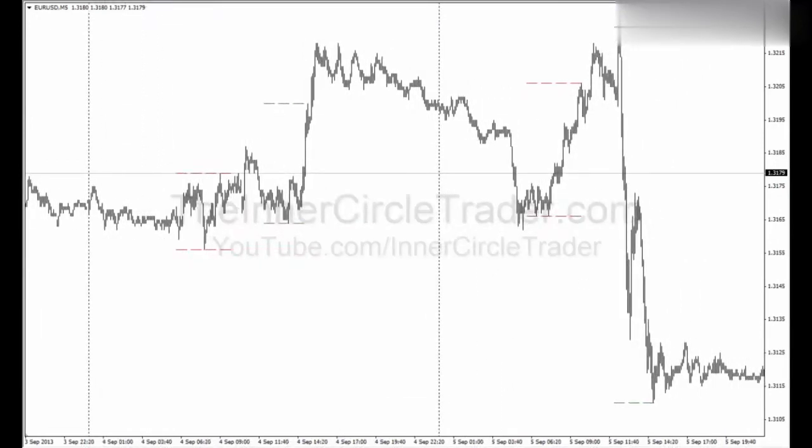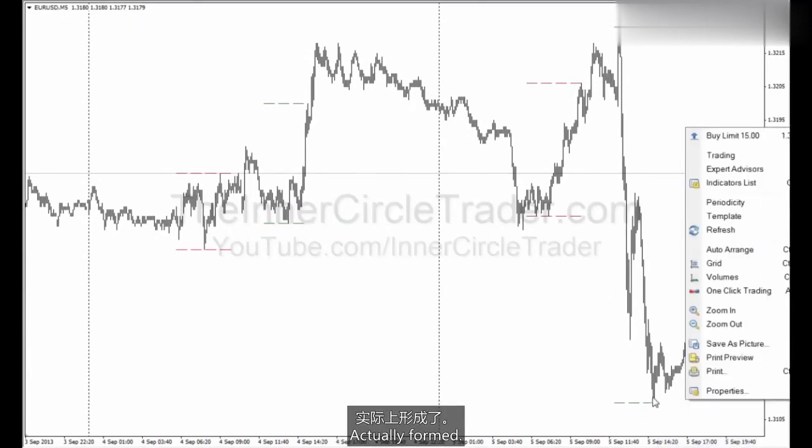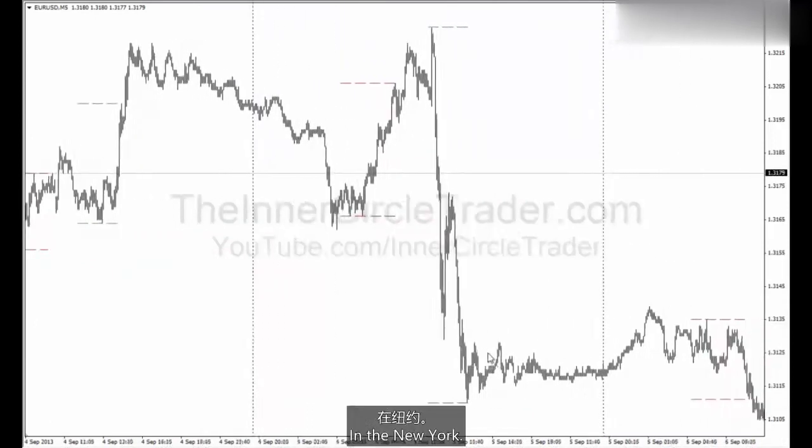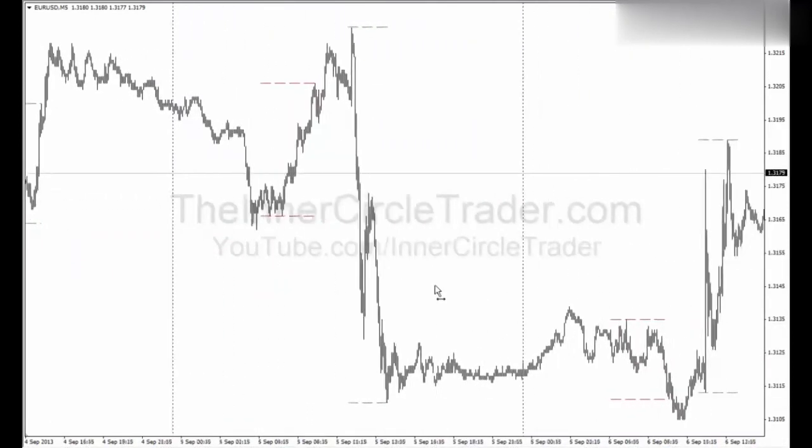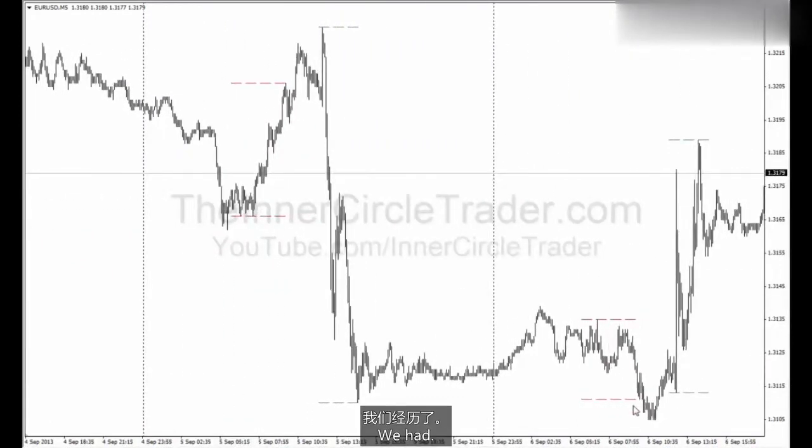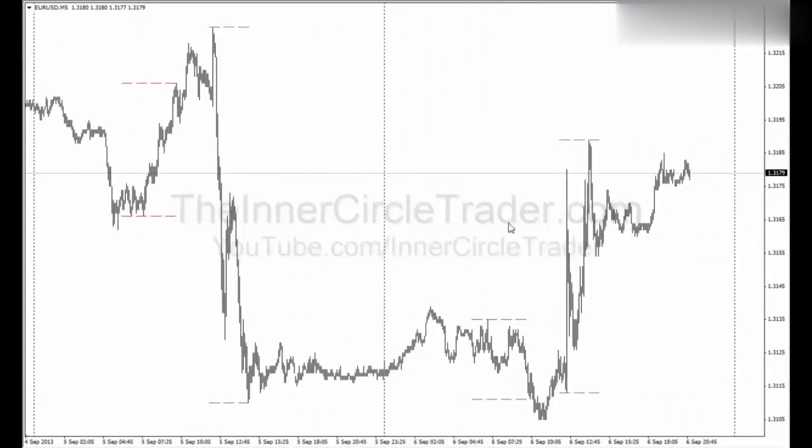The high formed during the New York Open session, and the low actually formed in the New York session as well. The following day we had a short-term high formed in here, but a tradable low formed off the fiber in the New York session, making the high here and then closing the week out as we see.